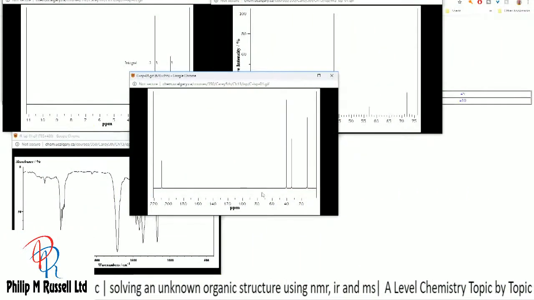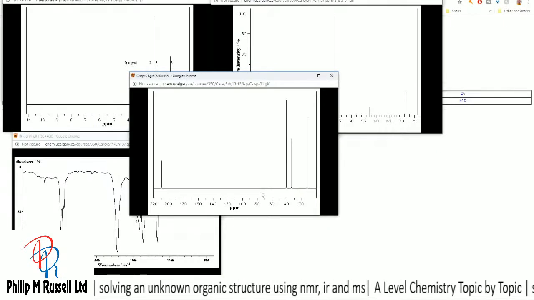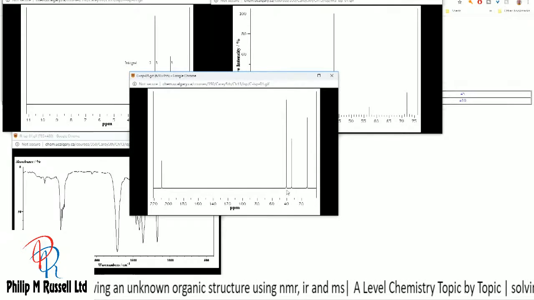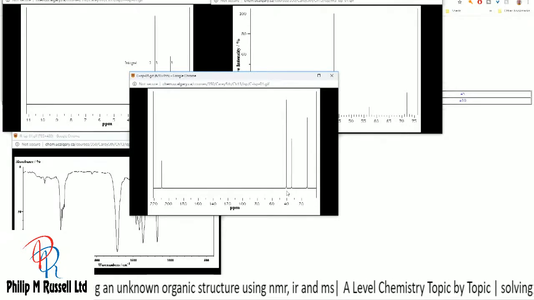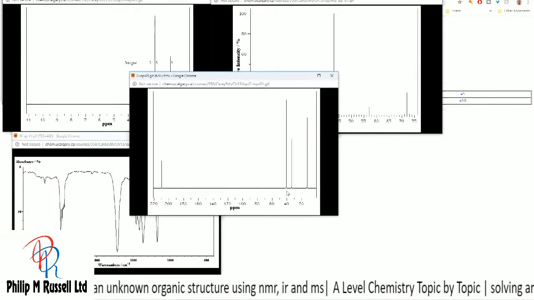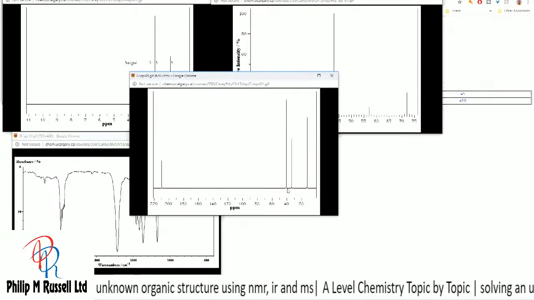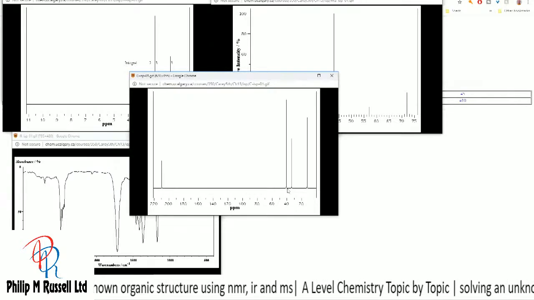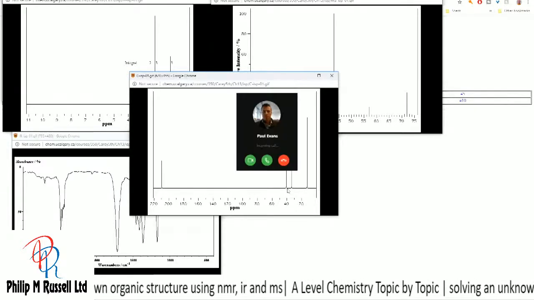Then we've got 3 other carbons. This is at 37. I know that looks more like 40 to me, so it looks like I've got one about 40. I was reading it round the wrong way.